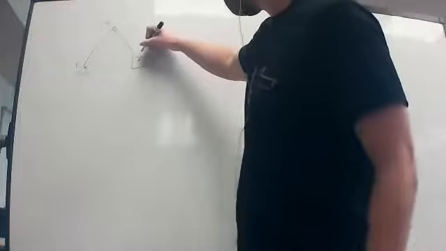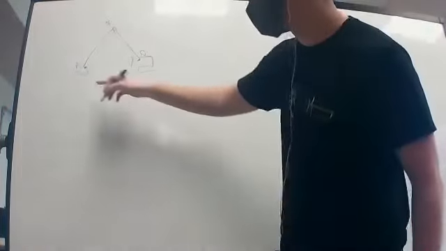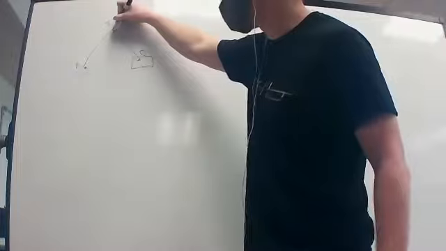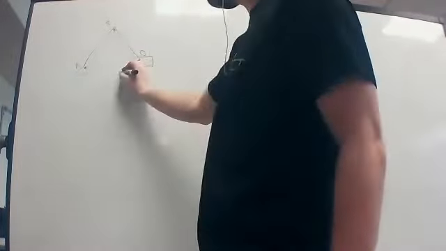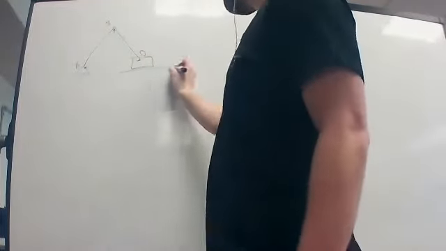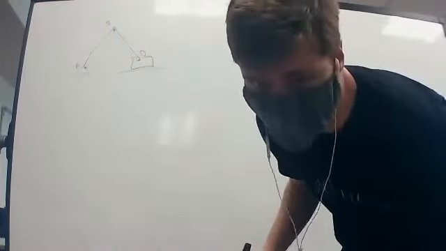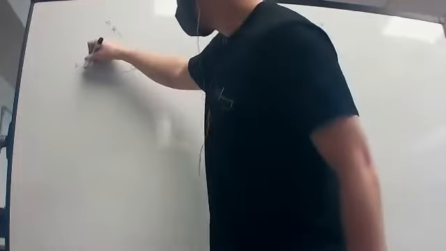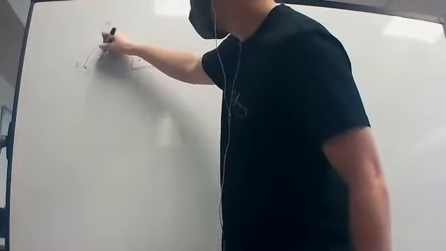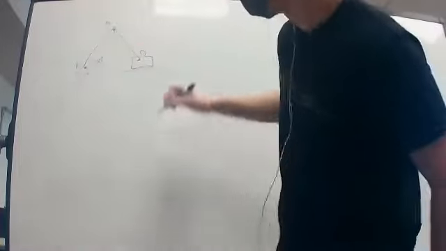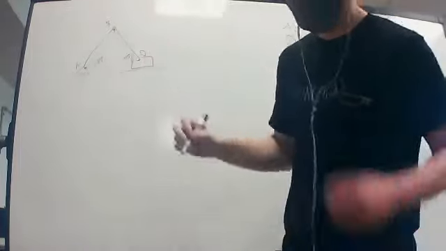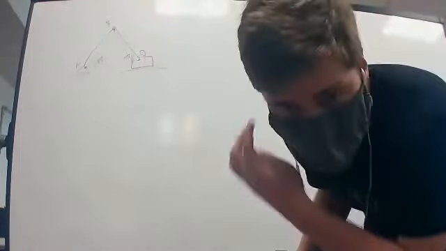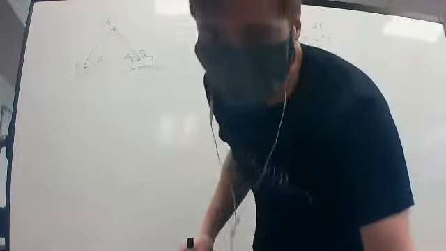They label this as D, where this is a fixed point that goes up to here, where this is pinned, goes down into a slider that lays on the ground. We're given that this is 45 degrees, and so is the other side, and that this is 90 degrees.